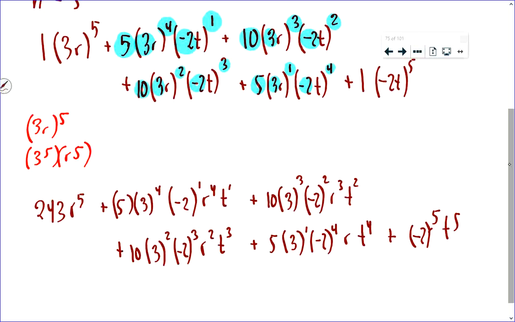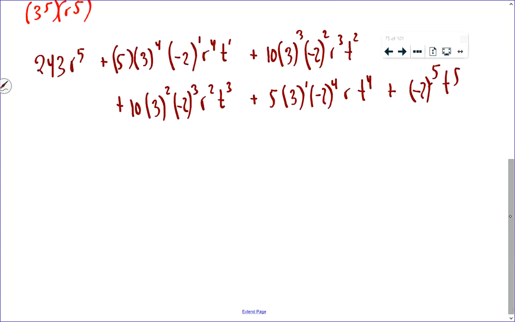Then it's to the 1, then to the 2, then to the 3, then to the 4, then to the 5. I've got my numbers from Pascal's triangle, and now I put this all together. So you're going to need your calculator for this part. We have 243 r to the 5, plus I need to calculate on my calculator what 5 times 3 to the 4 times negative 2 to the 1 is.